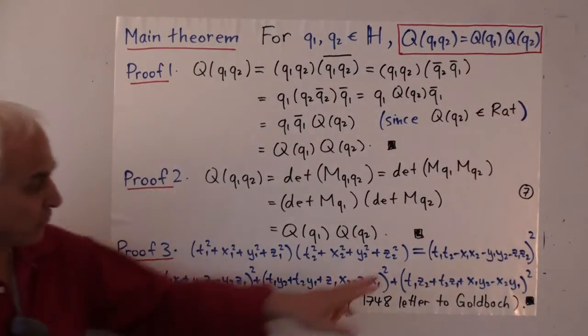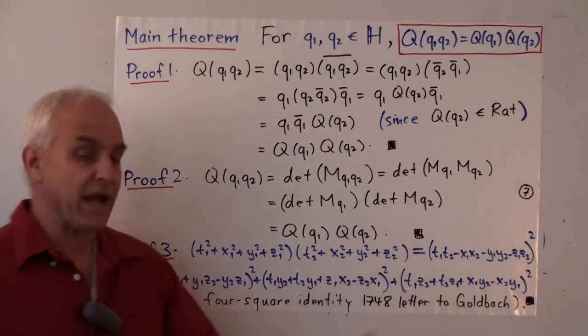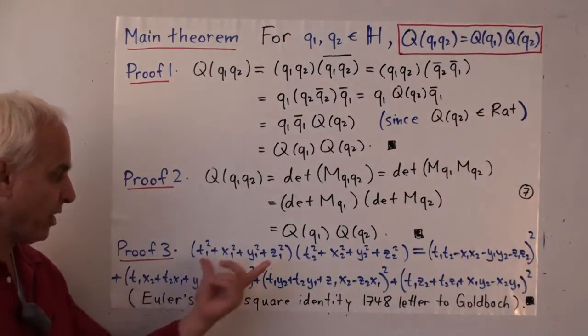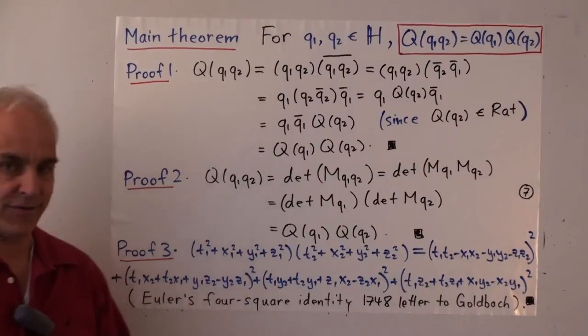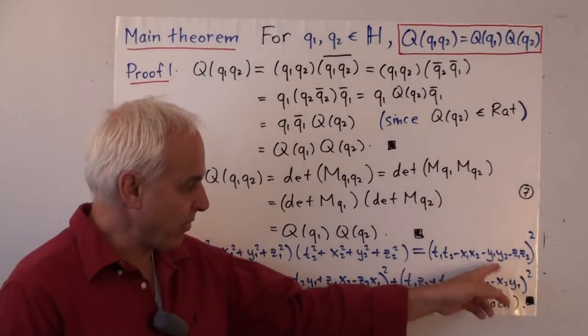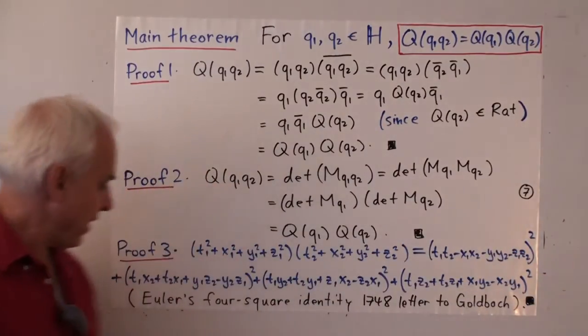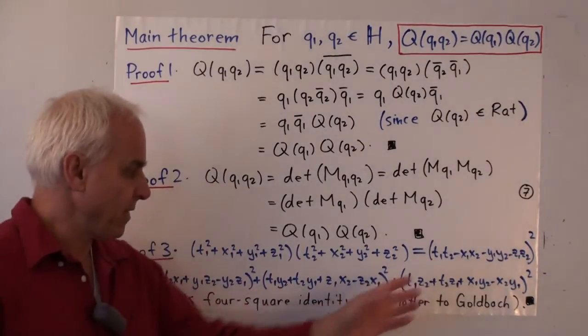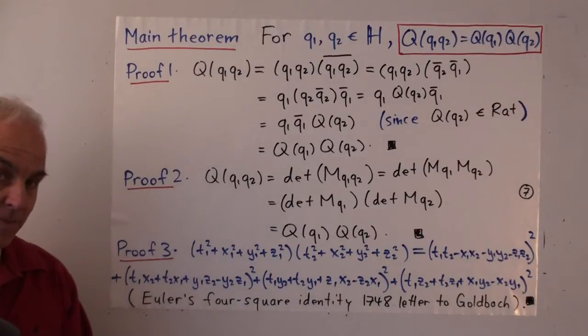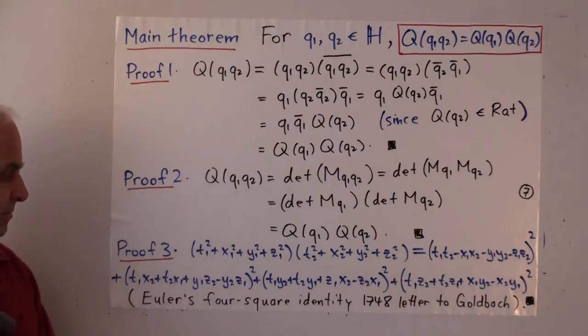And in fact, the entries in these 4 squares are exactly the coefficients of the product of the associated quaternions: t1 t2 minus x1 x2 minus y1 y2 minus z1 z2, squared, and then here are the other three entries. And this is an identity. It means that if you expand both sides and collect terms, you will see they're equal.